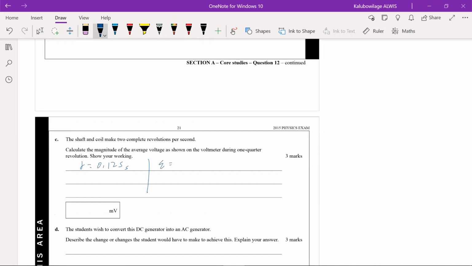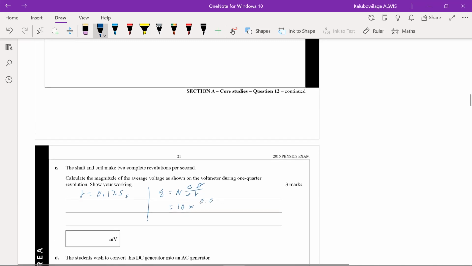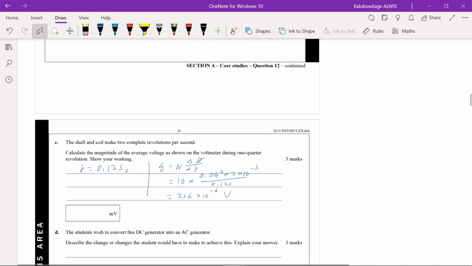And the average voltage is the change in flux over the change in time, with 10 turns times 2 times 10 to the minus 3 over 0.125, which is 0.256 volts.